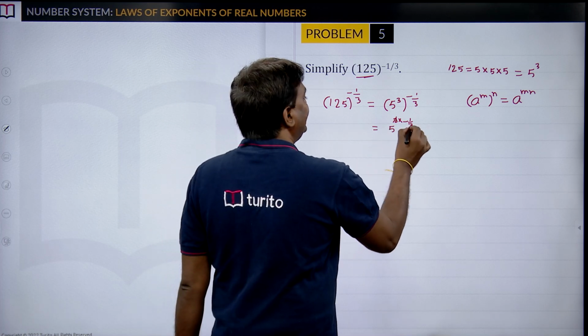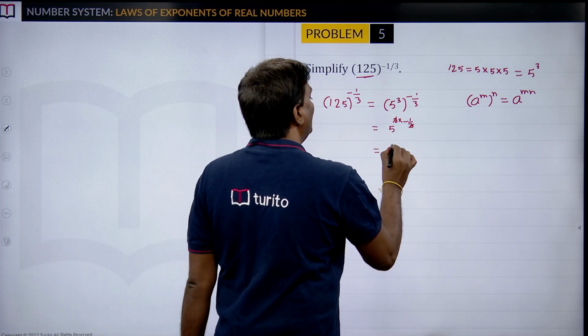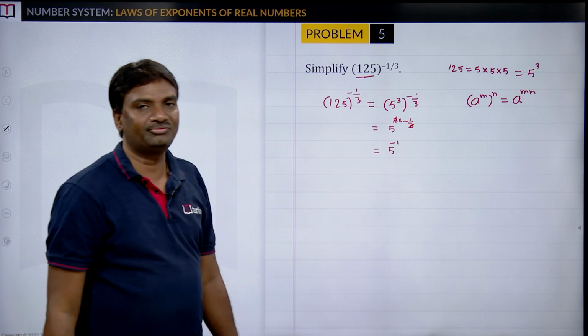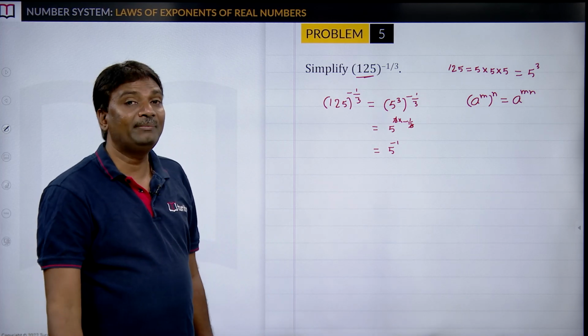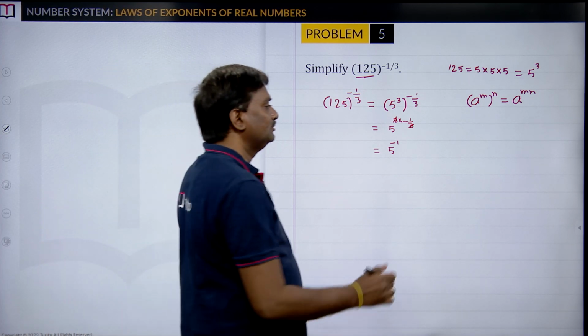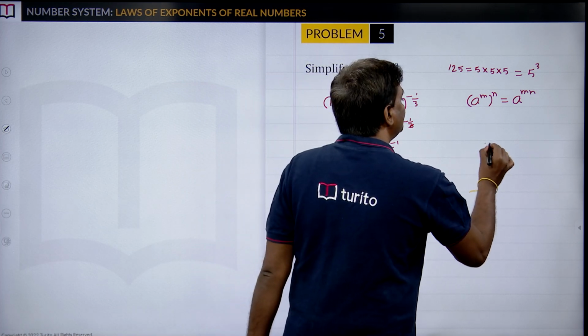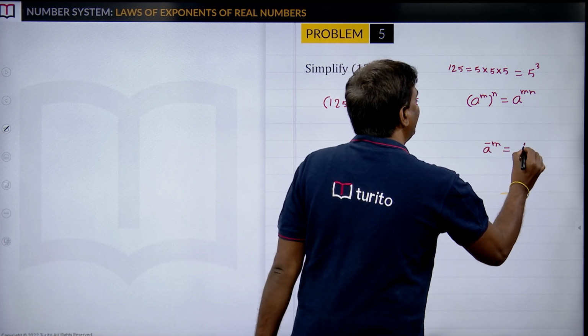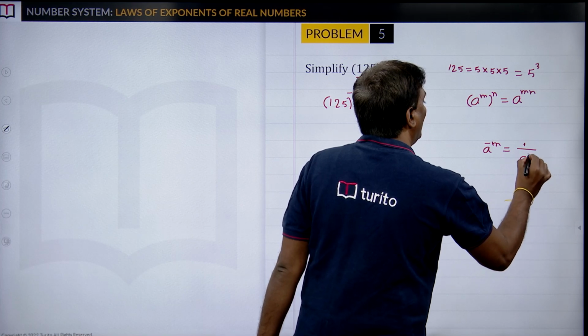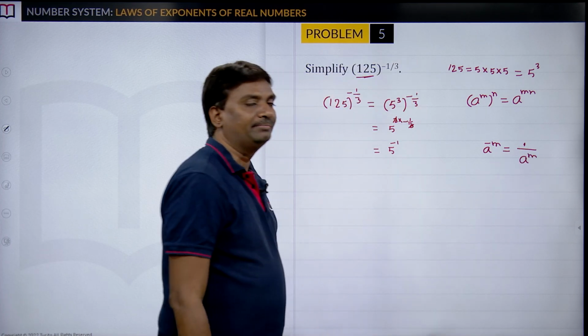So you will get 5 power 3 into minus 1 by 3, a power mn, where we can cancel the 3s. So we have 5 power minus 1, which can be written as 1 by 5. We have discussed the formula a power minus m equal to 1 by a power m.